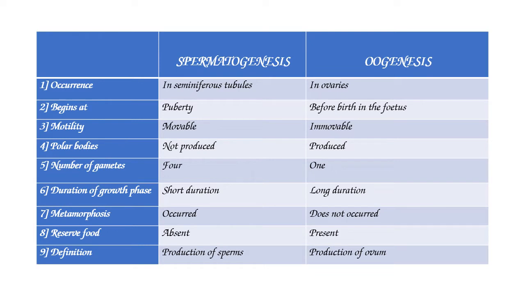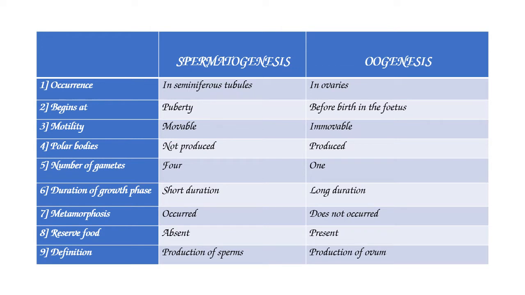And we already know the processes of spermatogenesis and oogenesis. Polar bodies are another difference. During spermatogenesis, polar bodies are not produced, whereas during oogenesis, polar bodies are produced when the primary oocyte undergoes first meiosis, and it is an unequal division that produces a large secondary oocyte and a small first polar body.